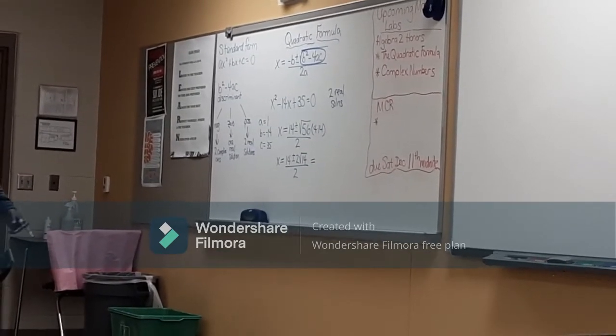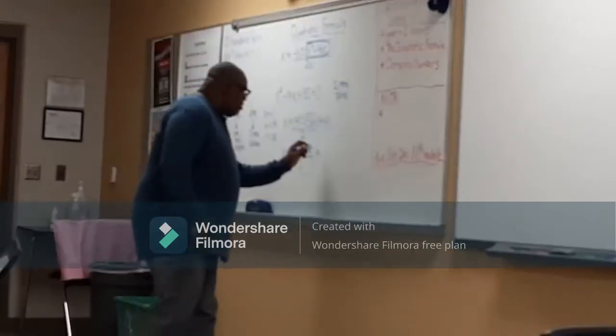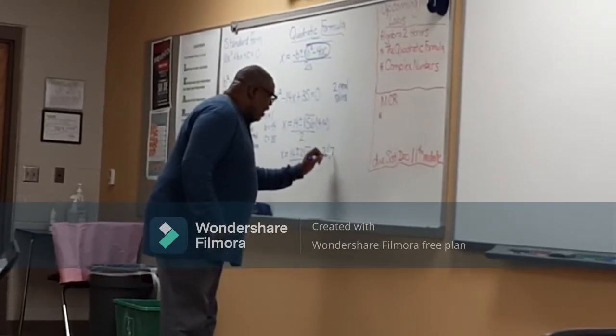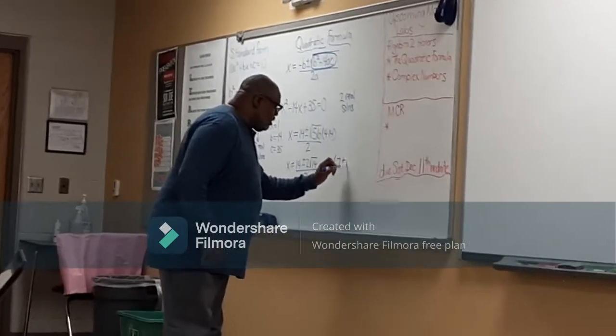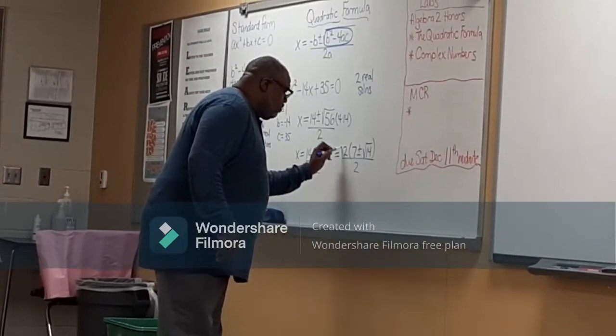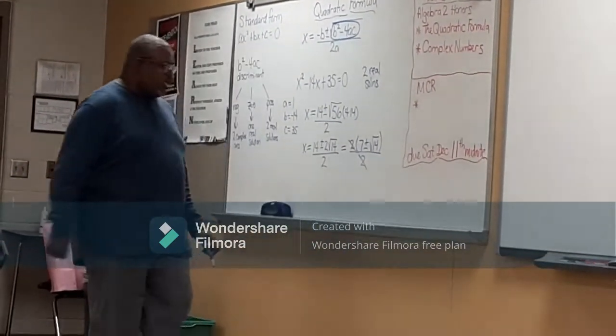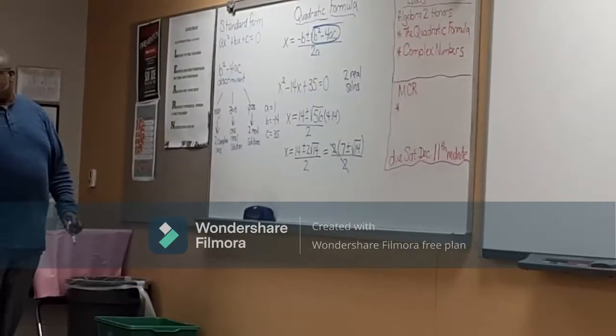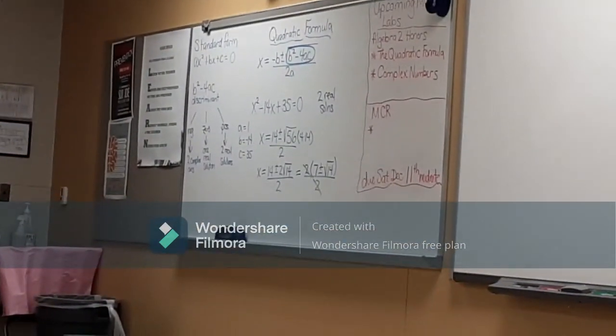So I'm going to pull a 2 out of this. I'm left with 7 plus minus the square root of 14 over 2. This 2 and this 2 cancel. And so I'm left with 7 plus or minus the square root of 14.